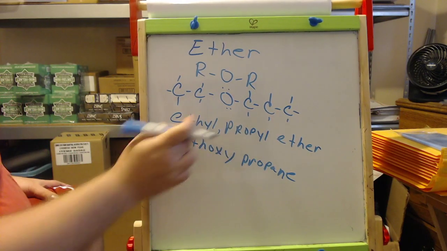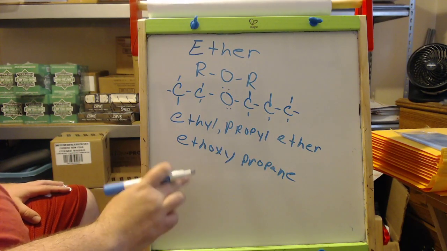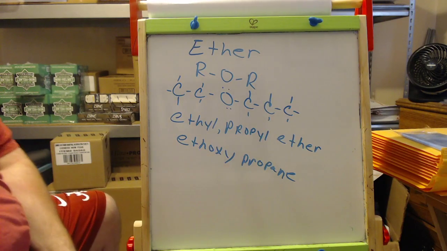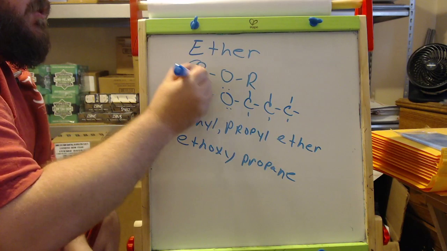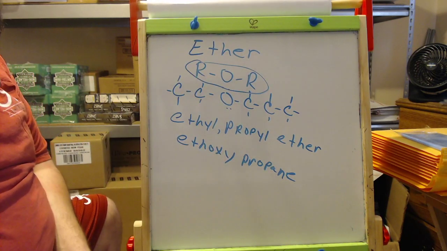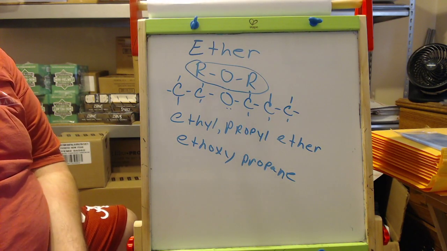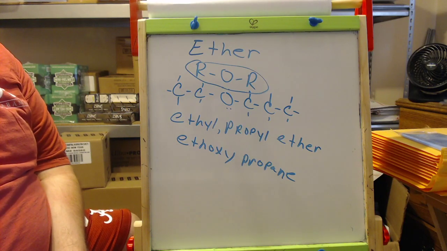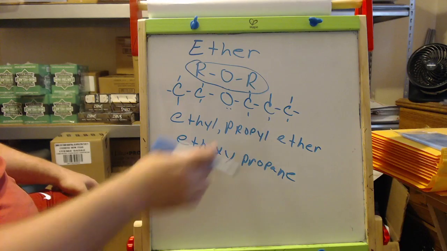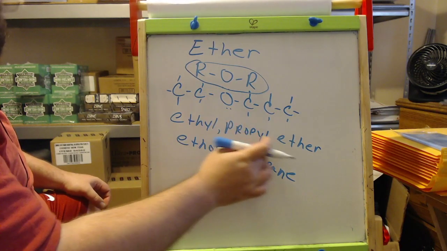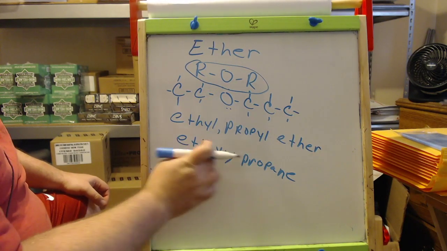To me, I like this method, ethyl propyl ether, but this is the functional group for an ether. Treat them as side chains, put the yl on, boom, ether, ethoxypropane.